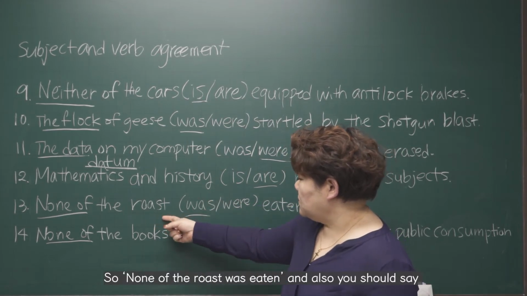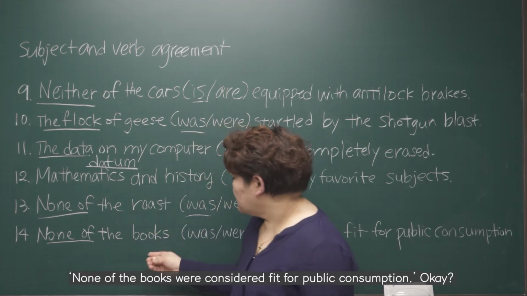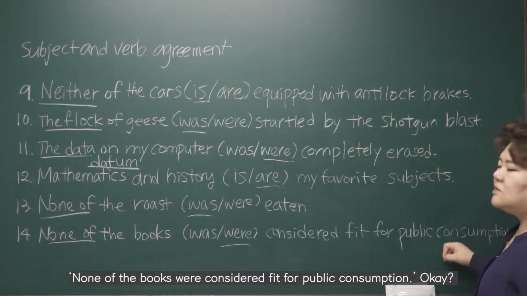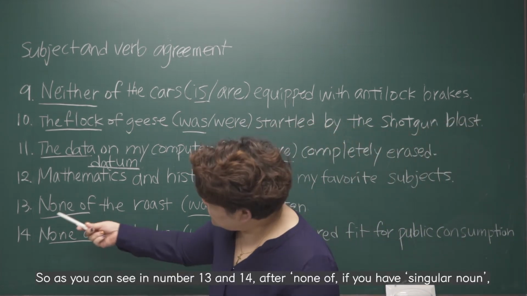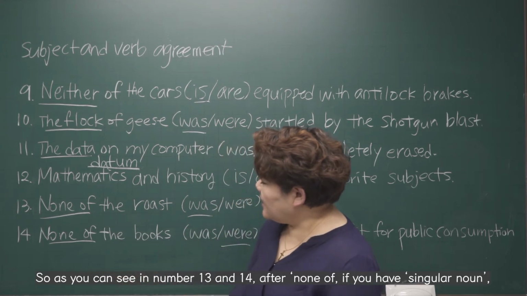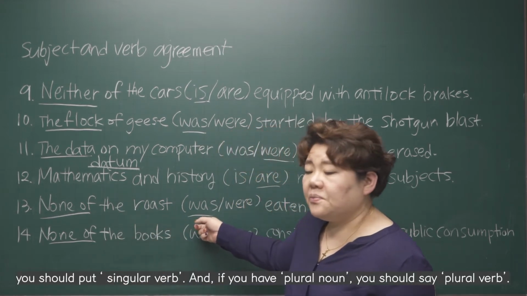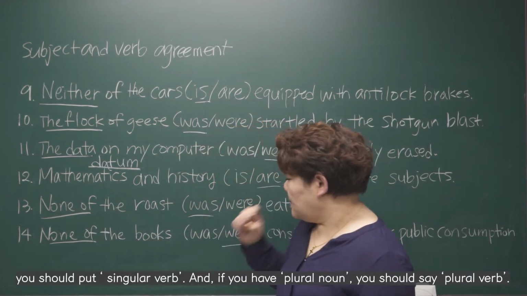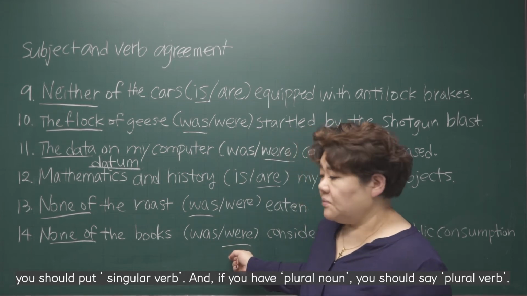Okay, none of the roast was eaten. And also you should say none of the books were considered fit for public consumption. Okay? So as you can see in number 13 and 14, after none of, if you have a singular noun, you should put a singular verb. And if you have a plural noun, you should say a plural verb.